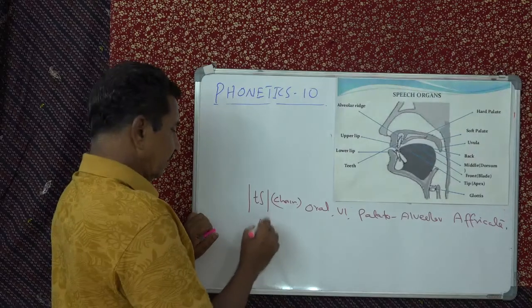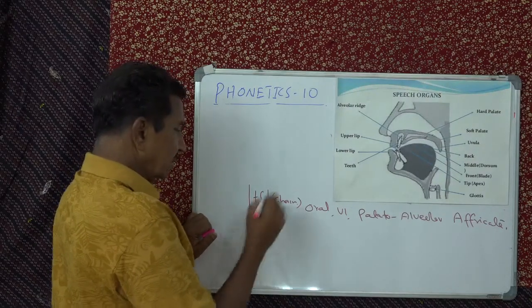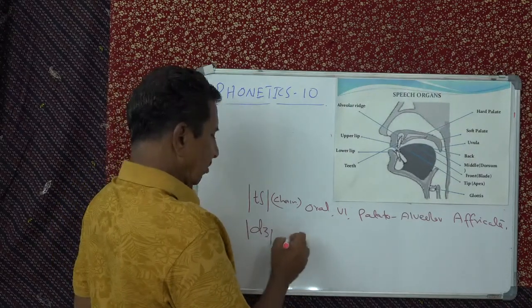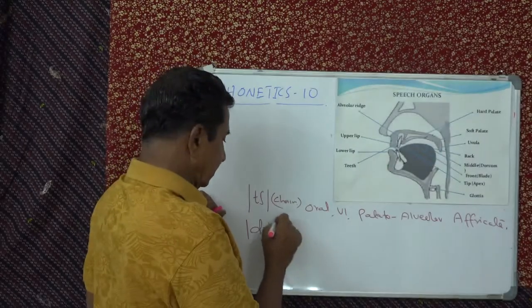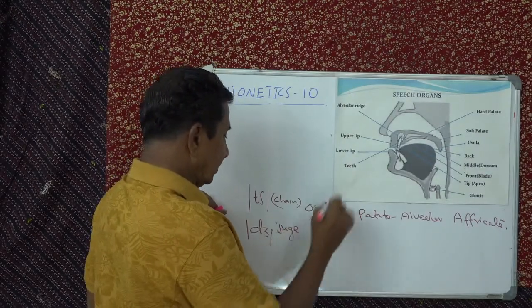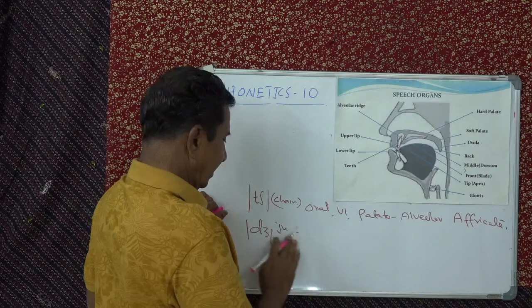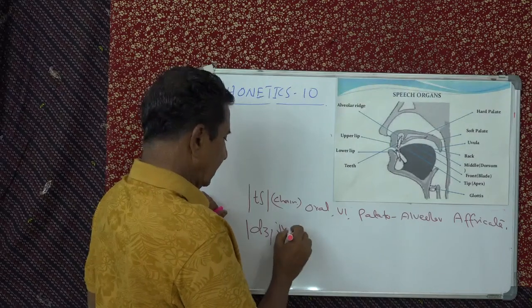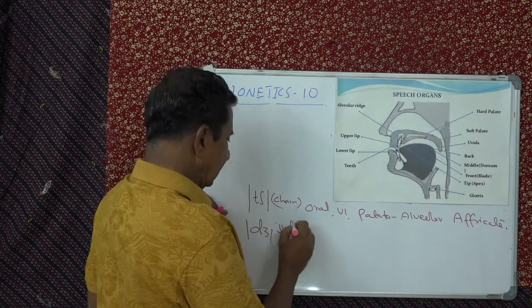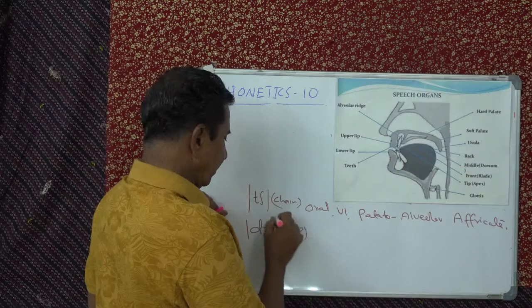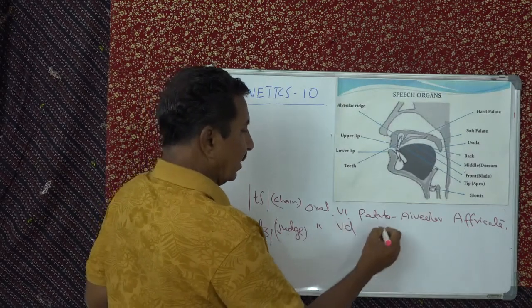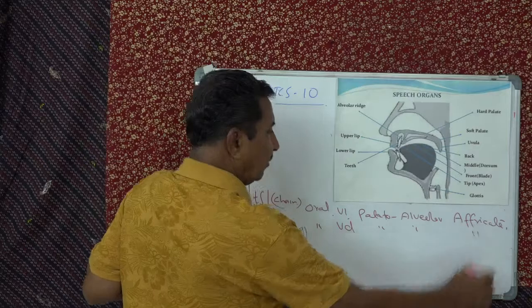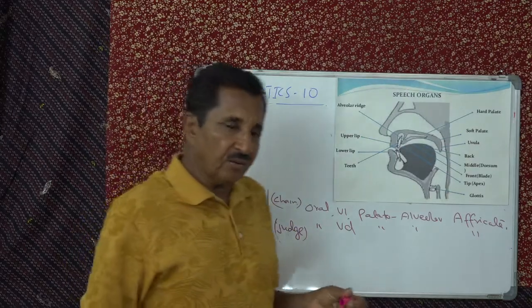And j, as in Jane or judge. Yeah, that's the best example. Judge, J-U-D-G-E. J: oral, voiced, palato-alveolar, affricate. Not fricative, but affricate.